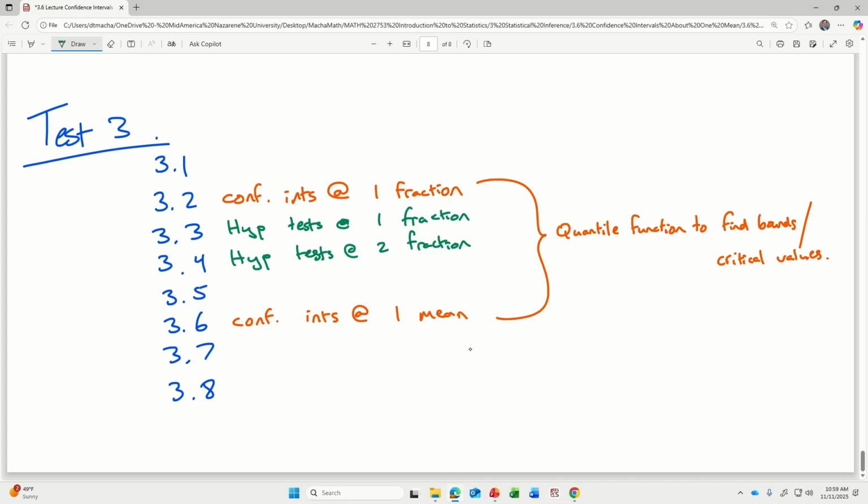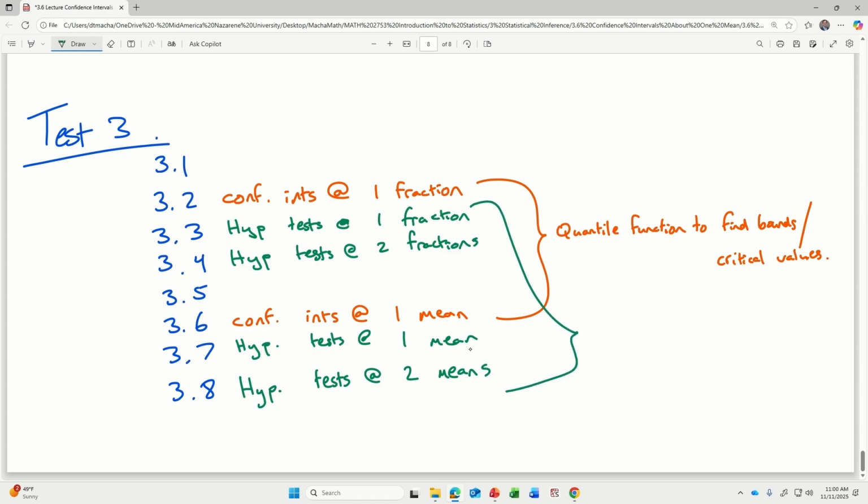In section 3.7, we were doing hypothesis testing about 1 mean. Well, actually, we haven't gotten to that yet, but we will by the end of class today. And then the last thing we're going to talk about in our inference unit is hypothesis tests about claims regarding 2 population means.